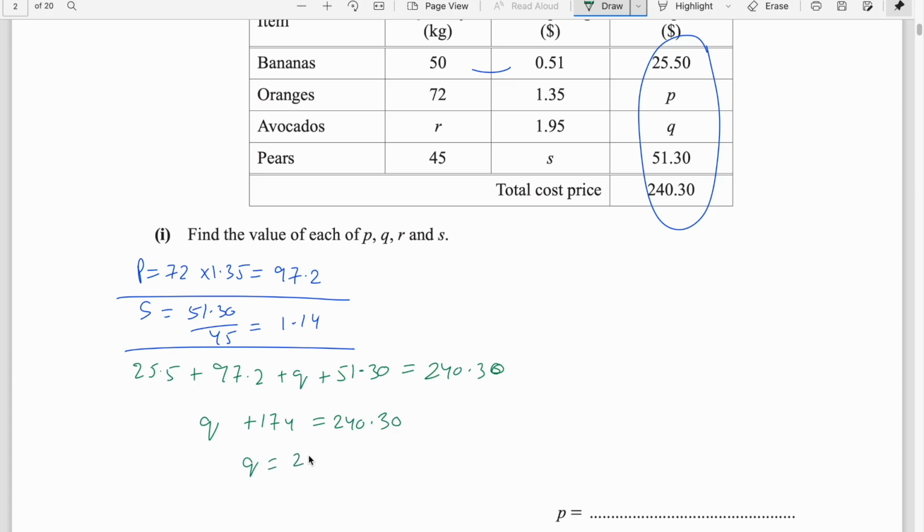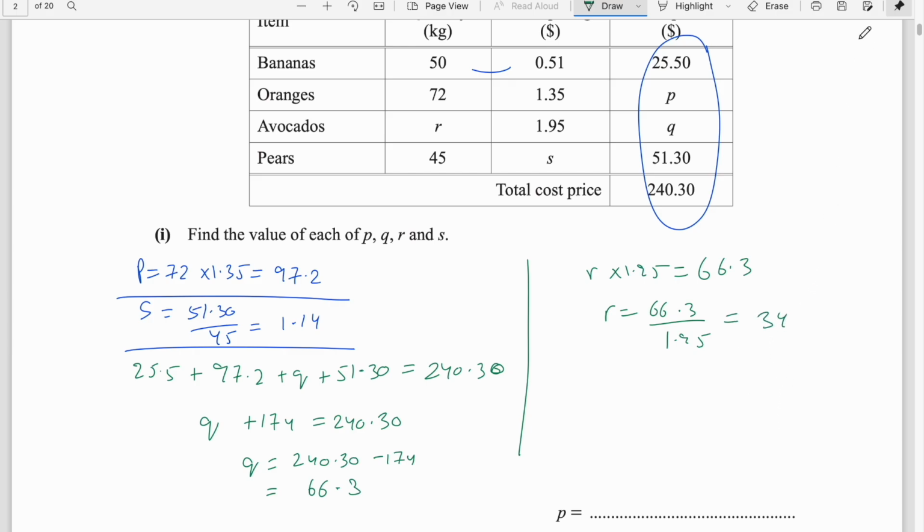Q is equal to 240.30 minus 174, and this is 66.3. For R, we can say R times 1.95 is equal to Q, and Q was 66.3. So R is equal to 66.3 by 1.95, and we get 34.